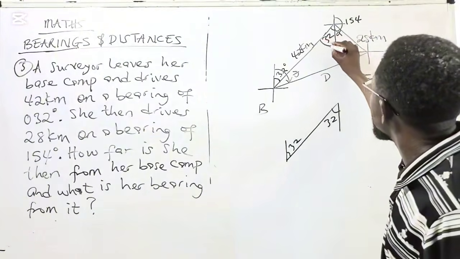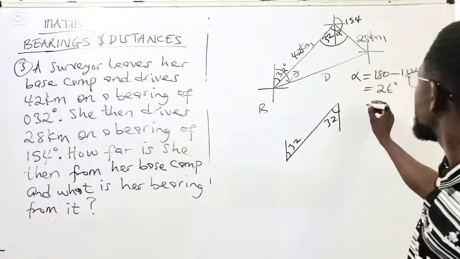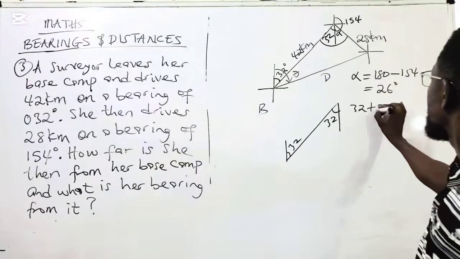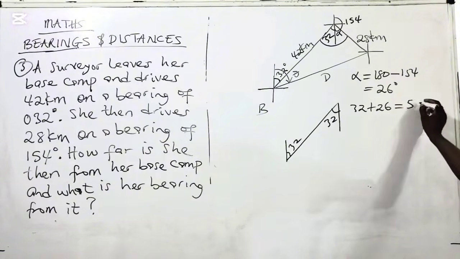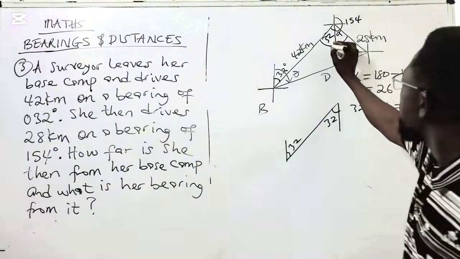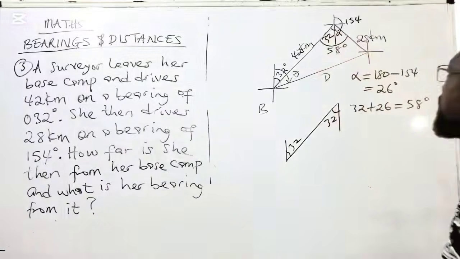So the total angle here will now be 32 plus 26, and if you add that up, you get 58 degrees. That's the value here, 58 degrees.